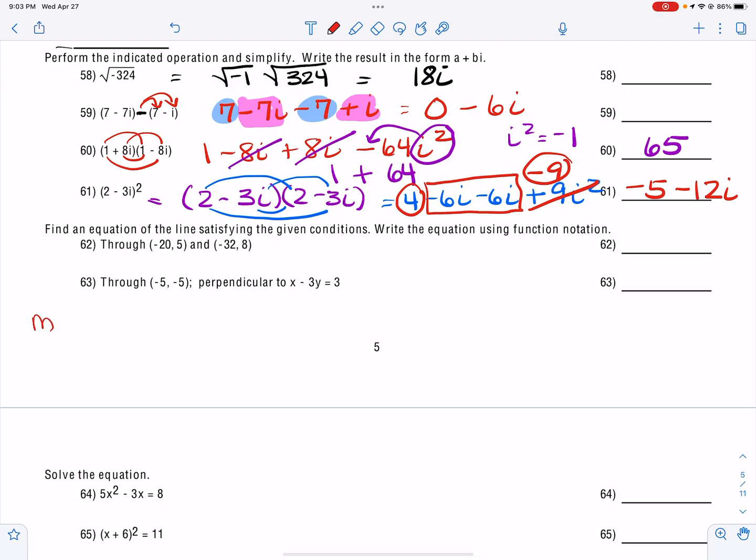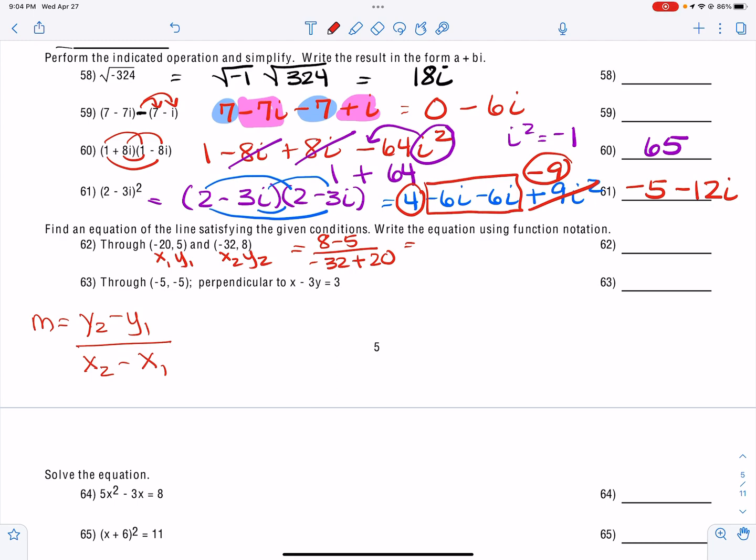So first we need to find the slope. And remember, the slope is the second y minus the first y over the second x minus the first x. So if I have this as x1, y1, and this is x2, y2, I can find the slope by taking 8 minus 5 over -32 minus a -20, which makes that a plus.